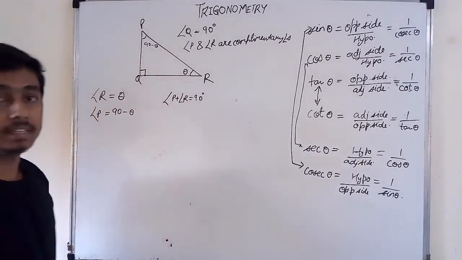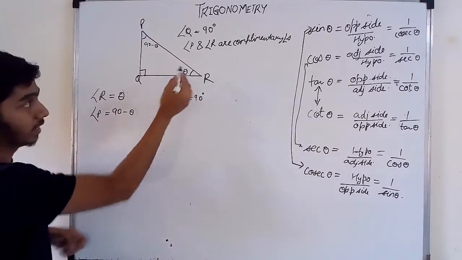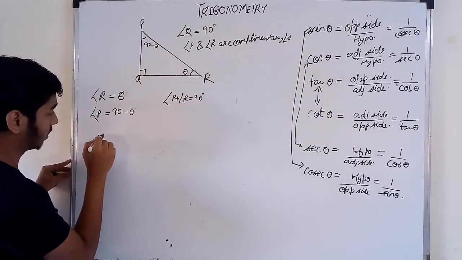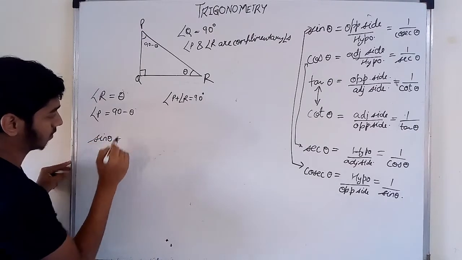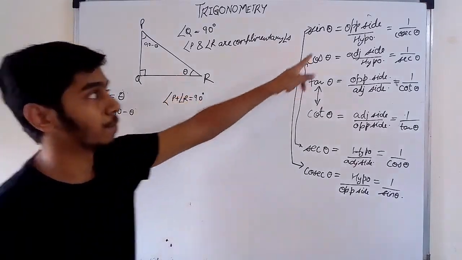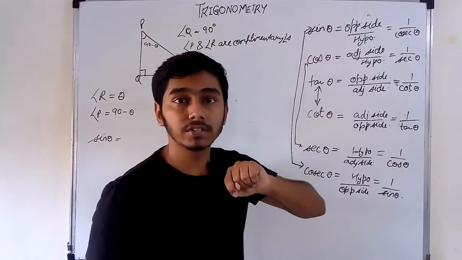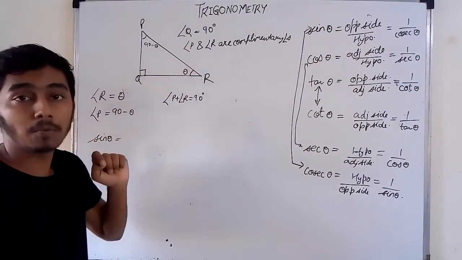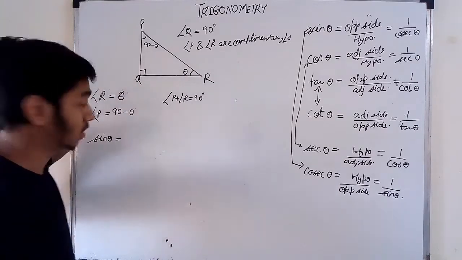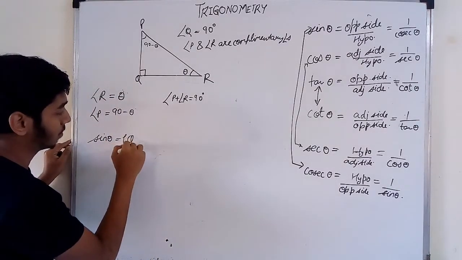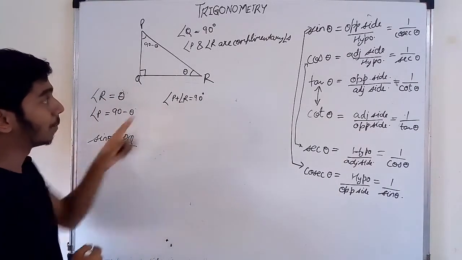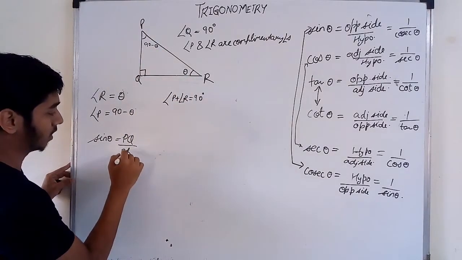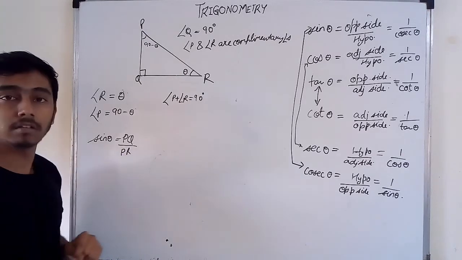Now let's find sine theta here. You know what is sine theta? Opposite side upon hypotenuse. For theta, which one is the opposite side? PQ. So PQ upon hypotenuse PR.